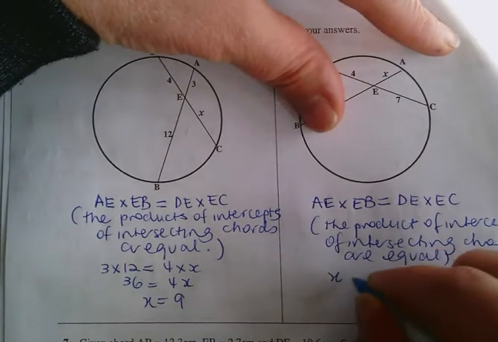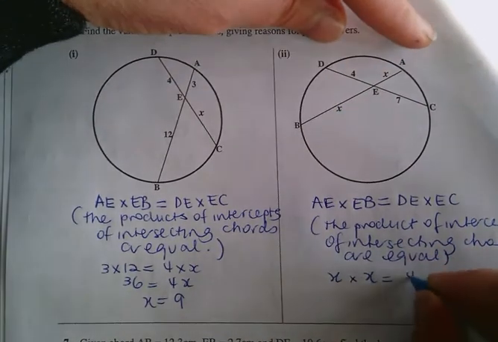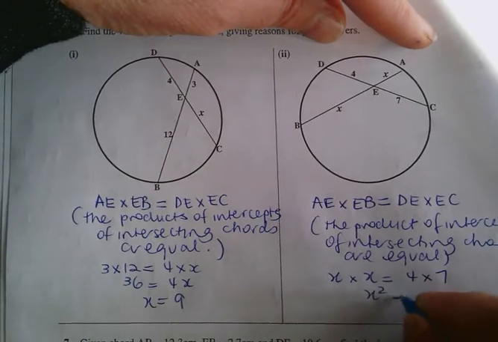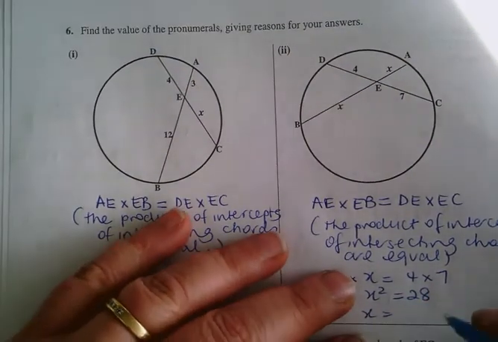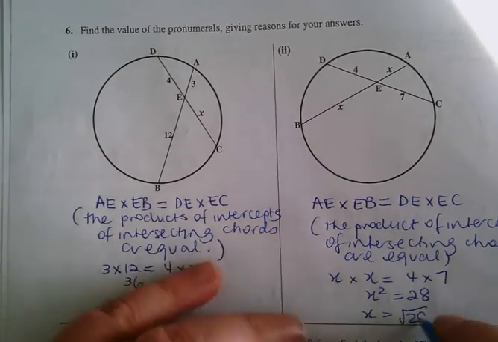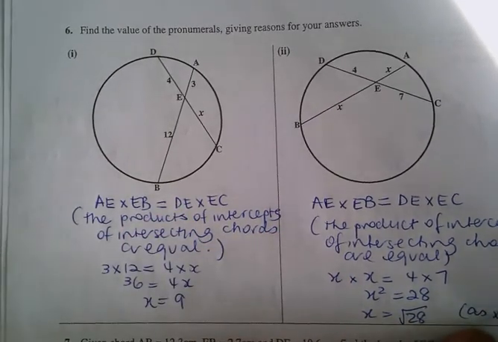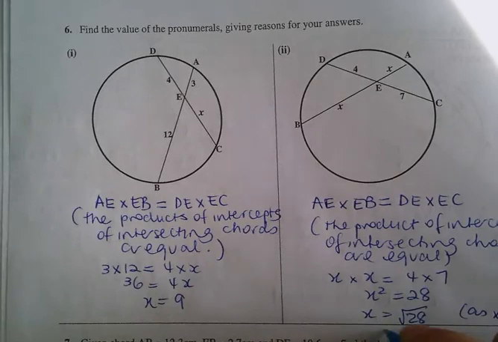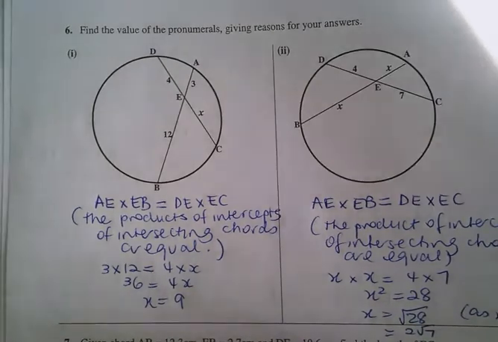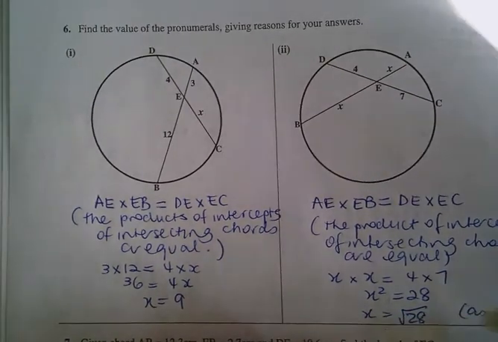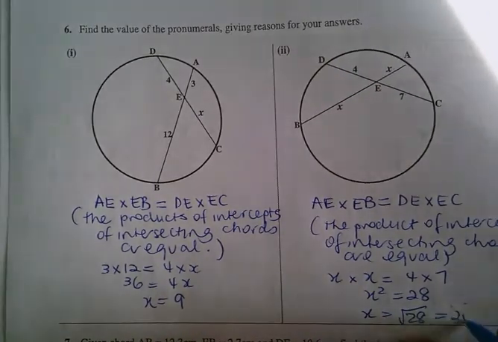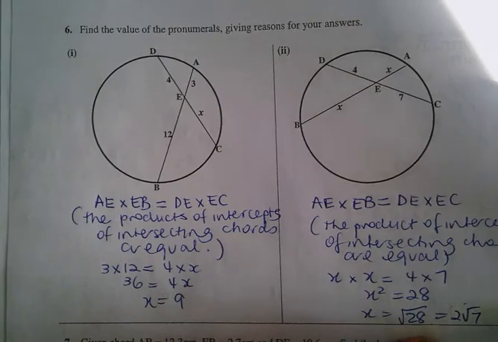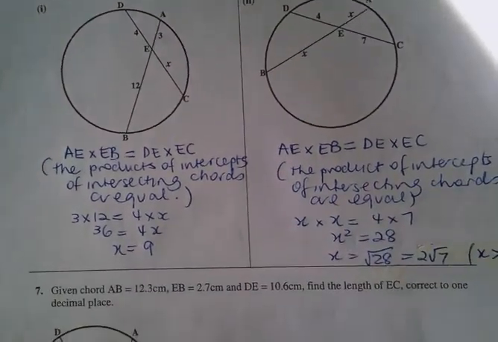And so we get x times x equals 4 times 7. X squared is 28. X equals plus or minus square root 28, but I'm just going to go with the square root of 28 as x is greater than 0, which is 2 root 7 if you simplify. We know that x is greater than 0 because it's a length.